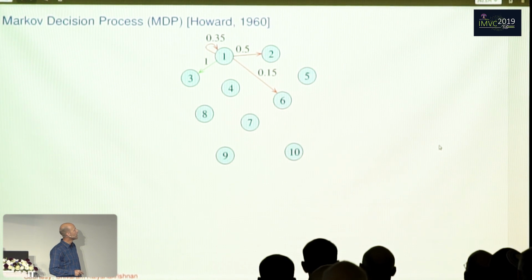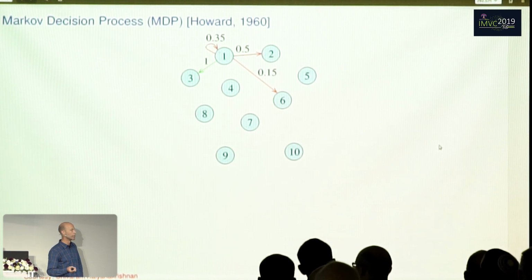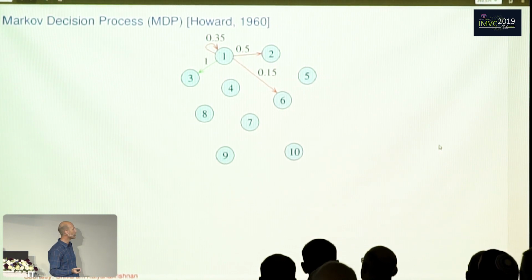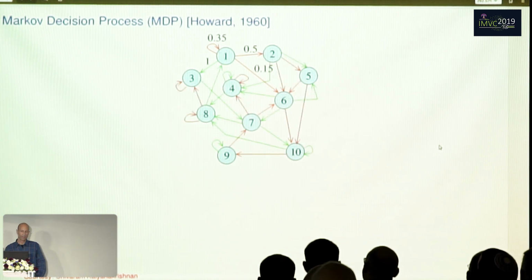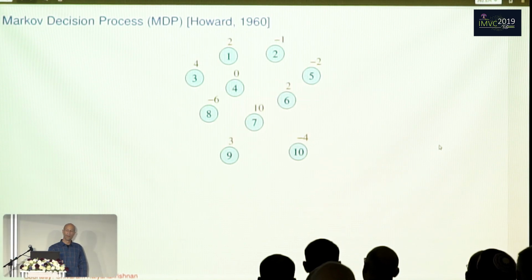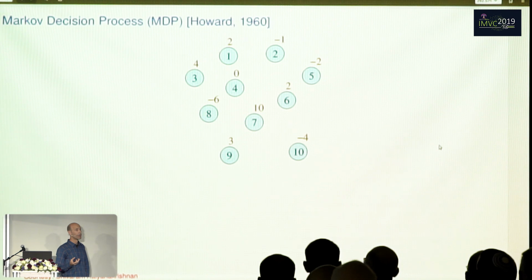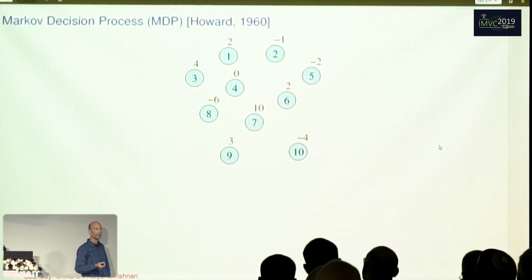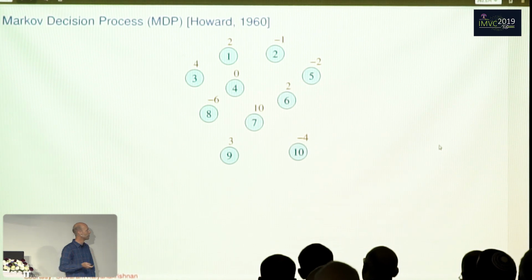In this case, in state 1 the agent can take the green action and move to state 3, or it can take the red action and move to one of several states according to an underlying probability distribution. And the same thing holds for all states. One additional component is the reward, evaluative feedback. These numbers assigned to each state tell how good it is for the agent to be in a given state.